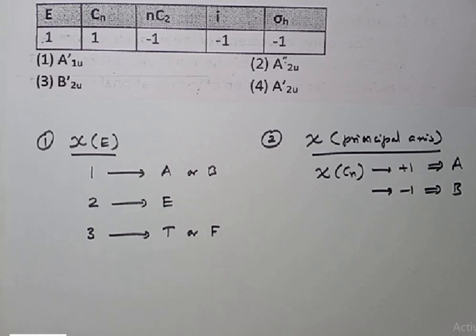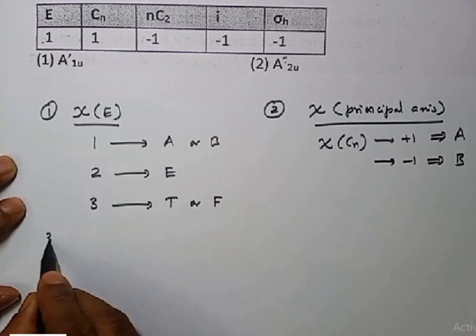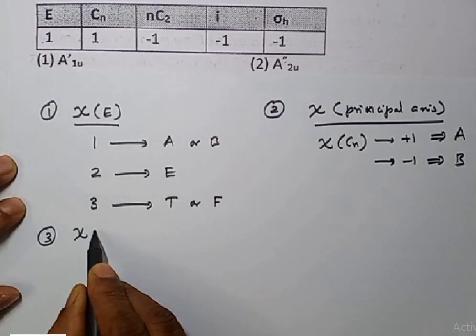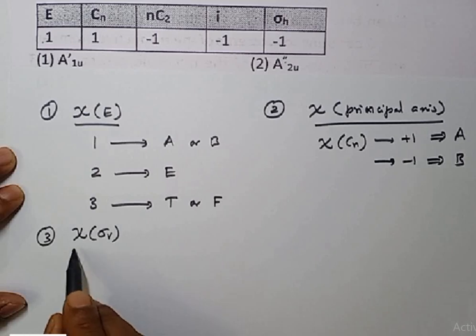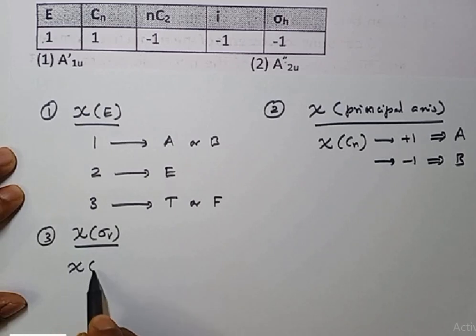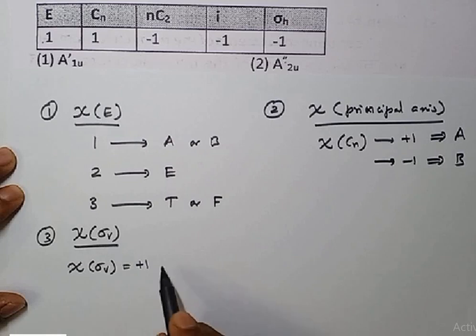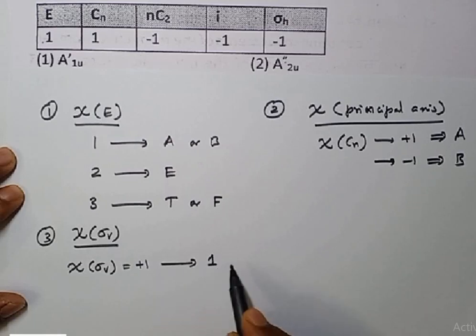Rule number 3. See the character of the vertical plane. If the character for the vertical plane is +1, then you should give number 1 in subscript.